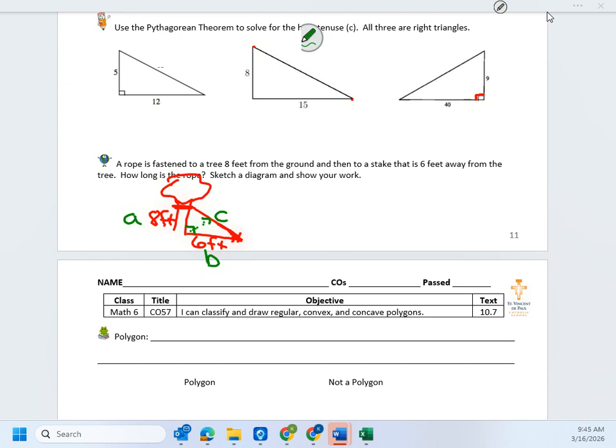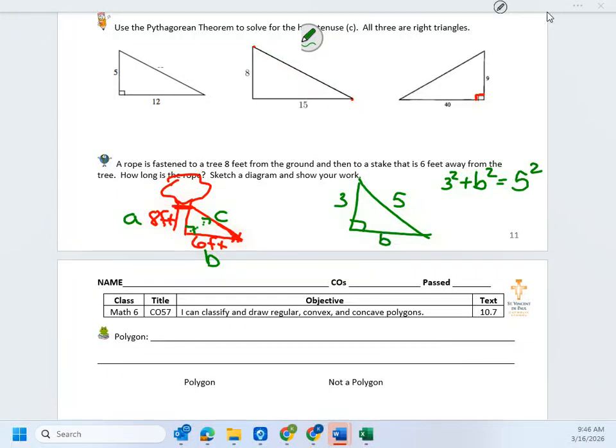Sometimes you might be given the A and the C, and you need to figure out the B. So you fill in your numbers that you know, just like we do when we know the A and the B. So A squared plus B squared equals C squared.